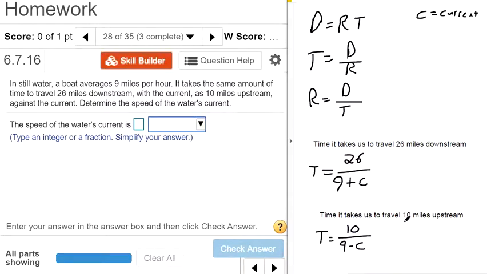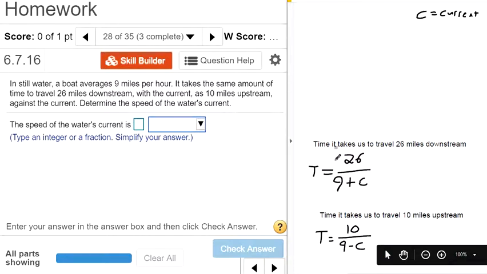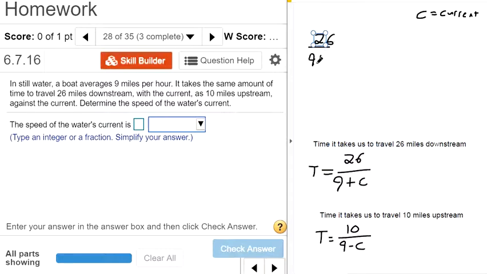That's why I subtracted c from 9. And now we're told that the 2 times are equal to each other, right? It takes the same amount of time. This t equals this t. So to finish solving this equation, you just set these 2 things equal to each other. Right, so 26 over 9 plus c equals 10 over 9 minus c. And now we've got a rational equation to solve.